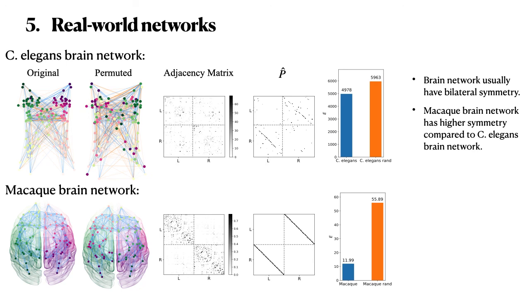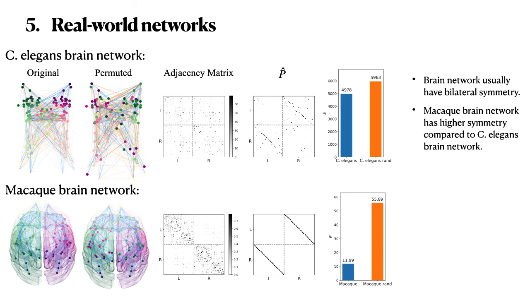And the second example is the macaque brain network, in which each node represents a brain region in the network. We can see that this network, in fact, has really, really high bilateral symmetry, whose node permutation actually flipped the two hemispheres of the brain exactly.